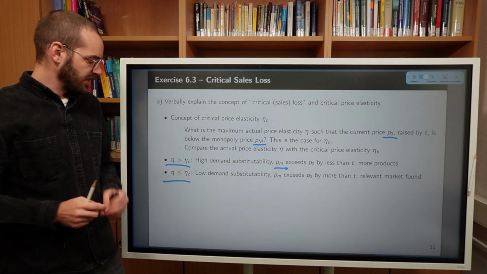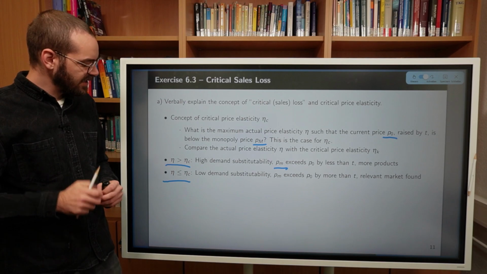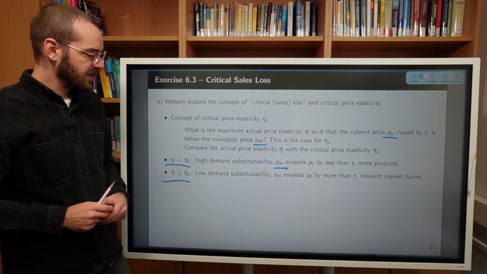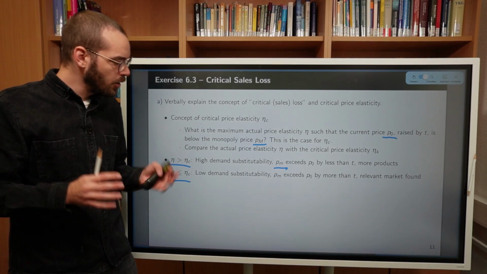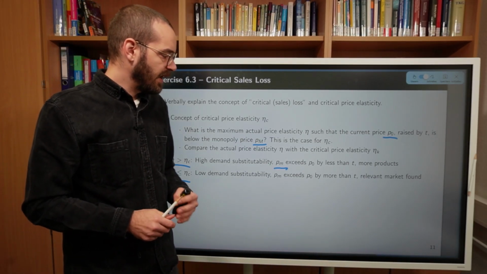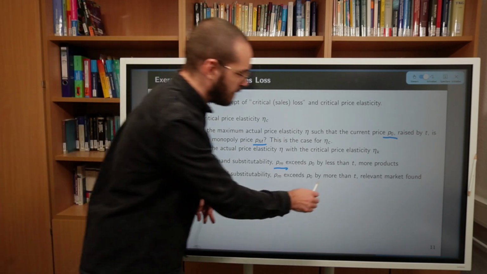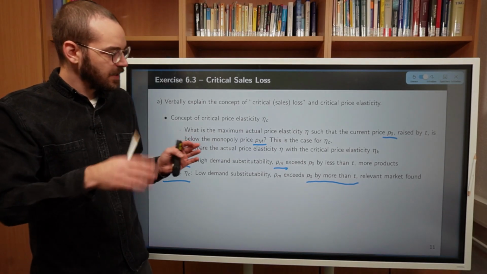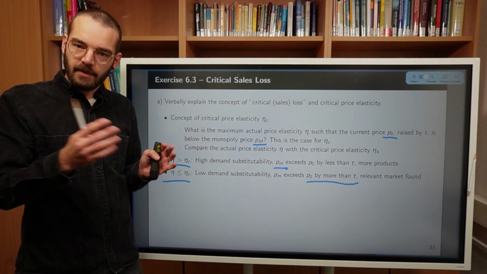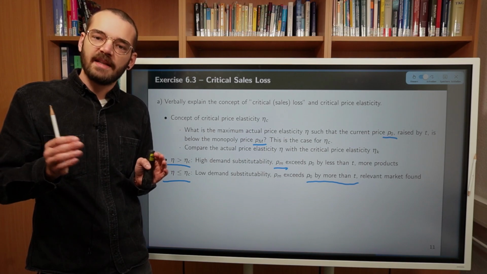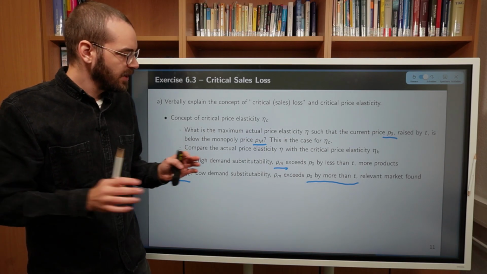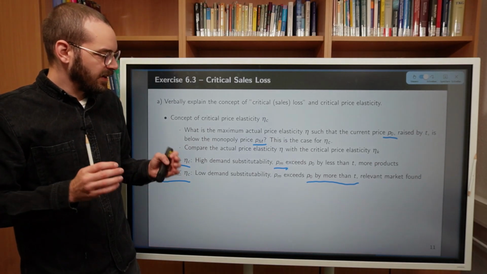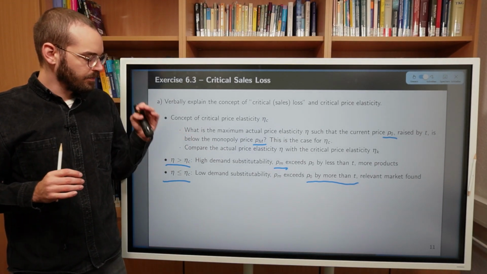The opposite, of course, happens as soon as the actual demand elasticity is smaller or equal than the critical demand elasticity. So we have a rather low demand substitutability. And in this case, that means that the price change P0 multiplied with T, if T captures a relative price increase, so the new price P0 increased by T, is now smaller than the monopolist price.